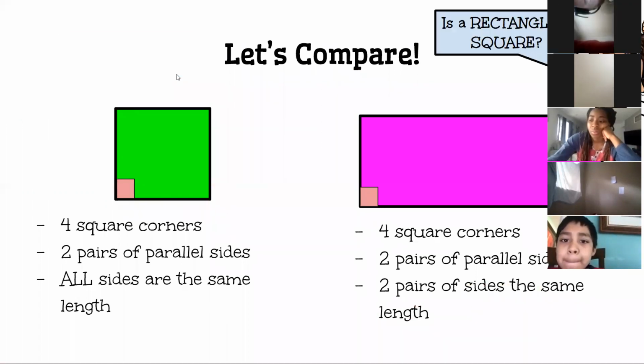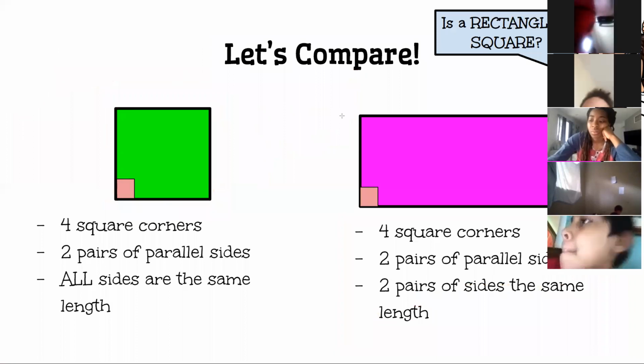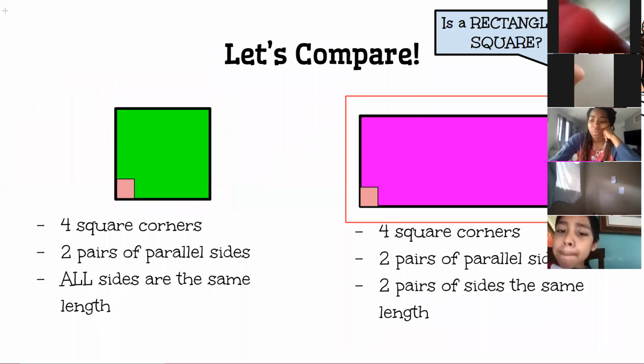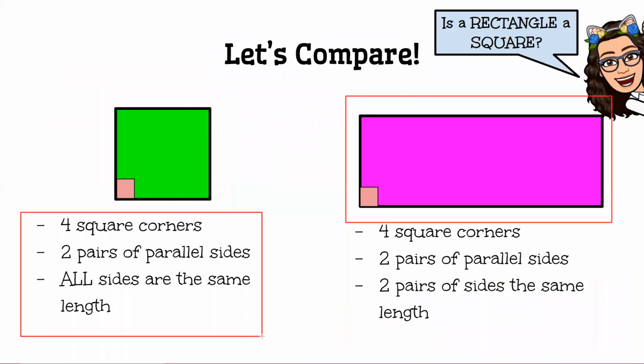So just like before, drop a yes or no in the chat. Does this shape meet these attributes right here? Does a rectangle have 4 square corners, 2 pairs of parallel sides, and are all sides the same length? Yes or no?